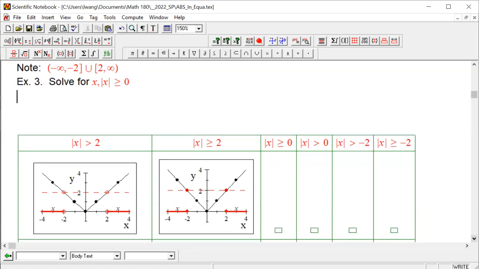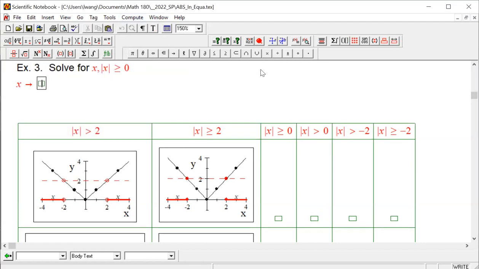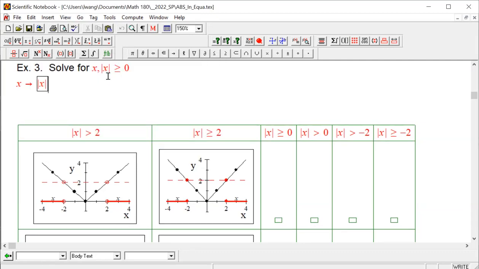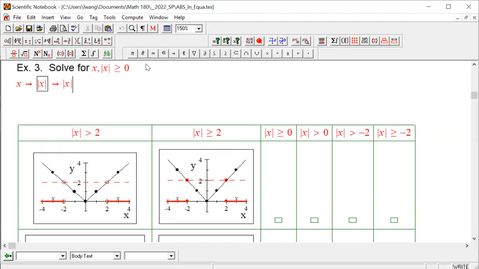What does that mean? Once again, the input for the function absolute value of x produces an output, and we want the output to be greater than or equal to 0.